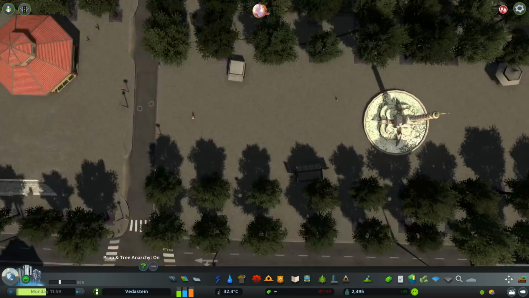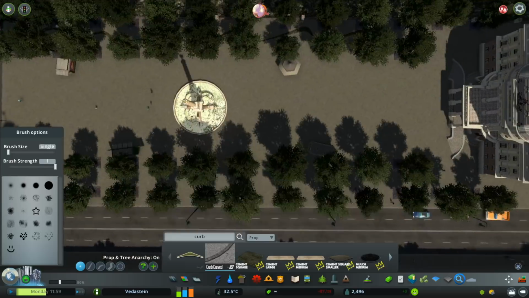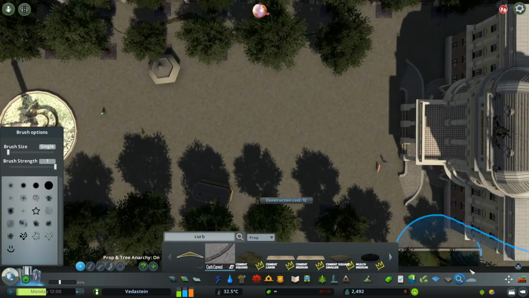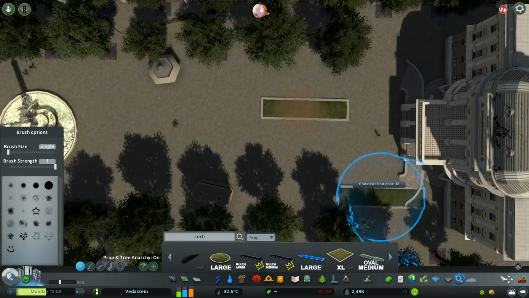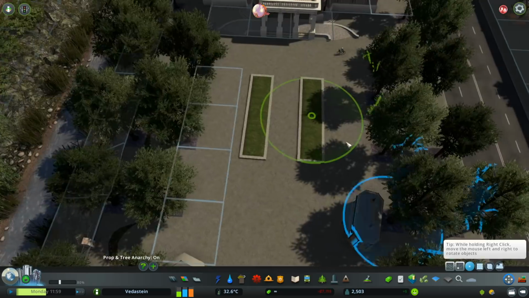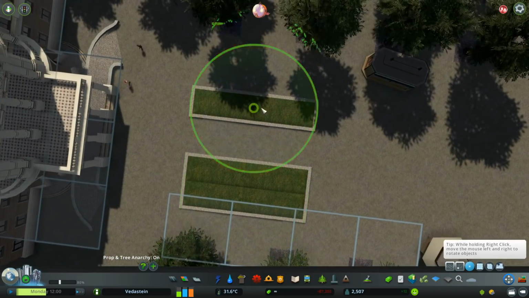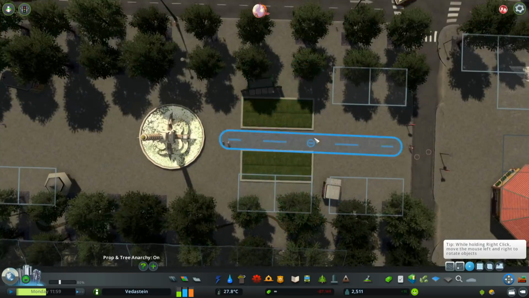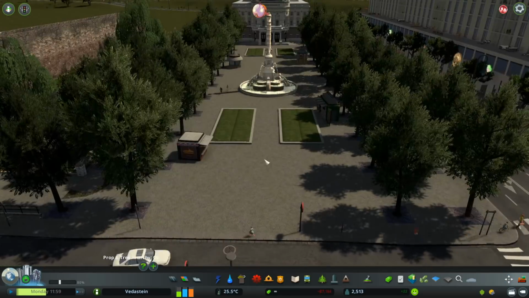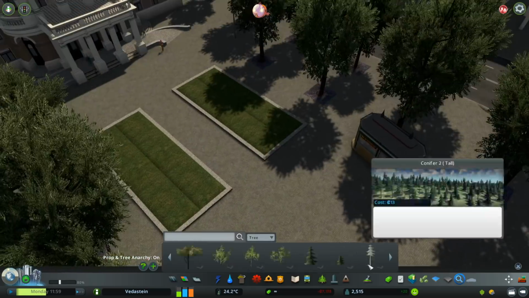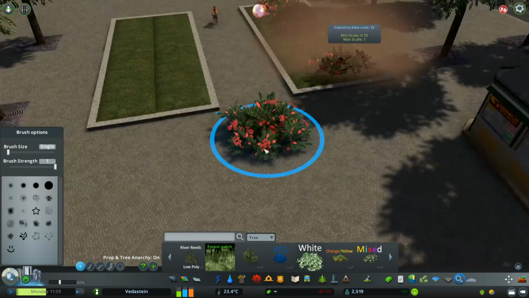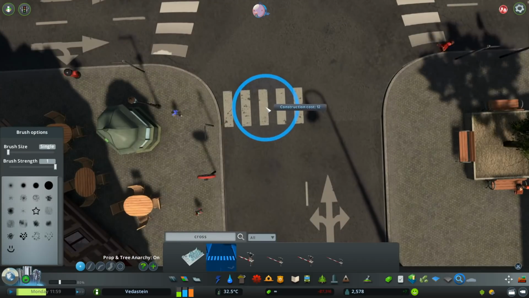I will update those on Steam if I have enough time this weekend. That is my plan, just so you know what these buildings are.